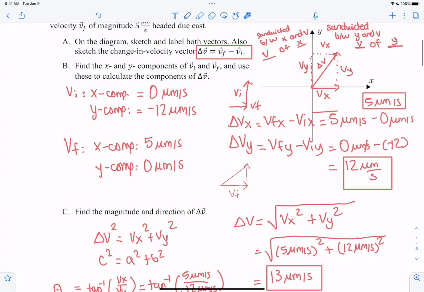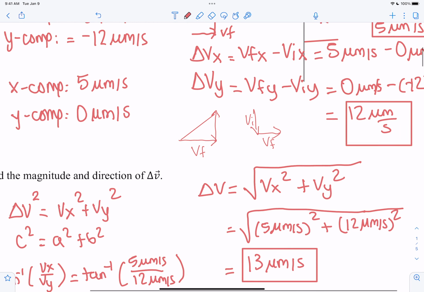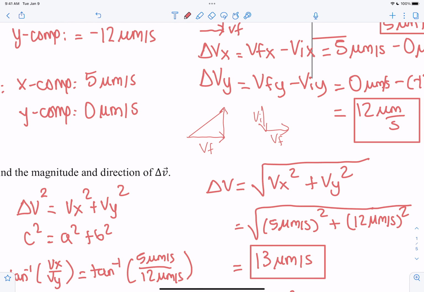Essentially, if I were to grab VI like this and VF, this is VI plus VF. If I wanted to add VF plus VI, which is literally the same thing, I could just shift over VI and make it look like that. Now, if I wanted to subtract VI, I would have to flip the direction and make it look like this, because I go from south to north.